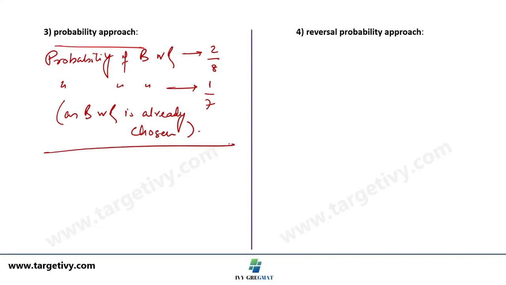Then the total probability is equal to 2 by 8 multiplied by 1 by 7, which is 2 by 56. That will make it 1 by 28.